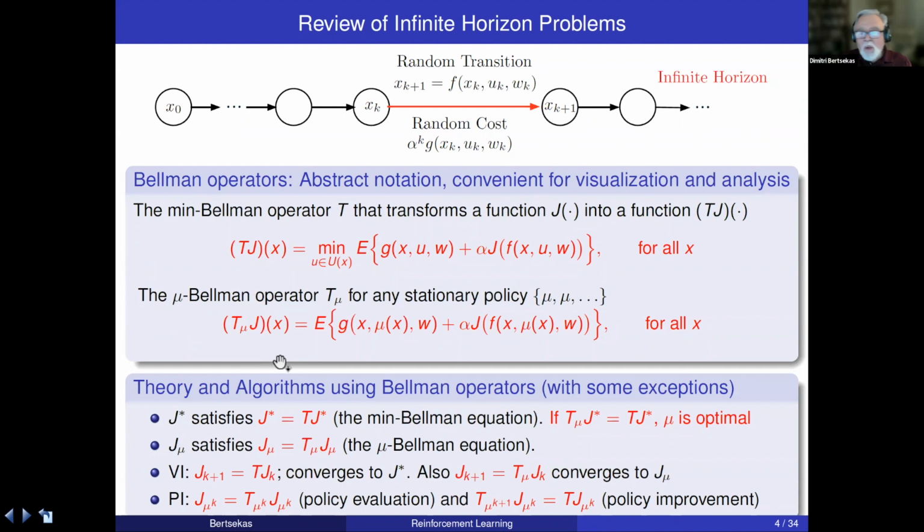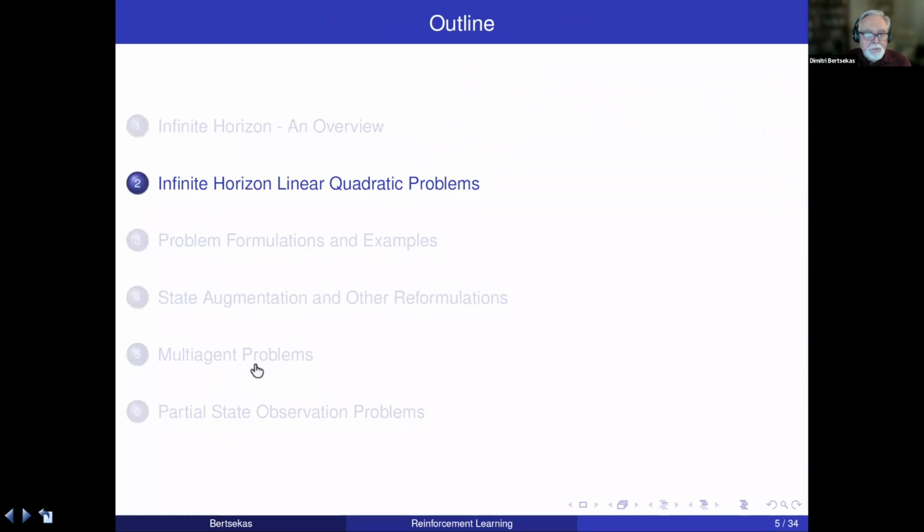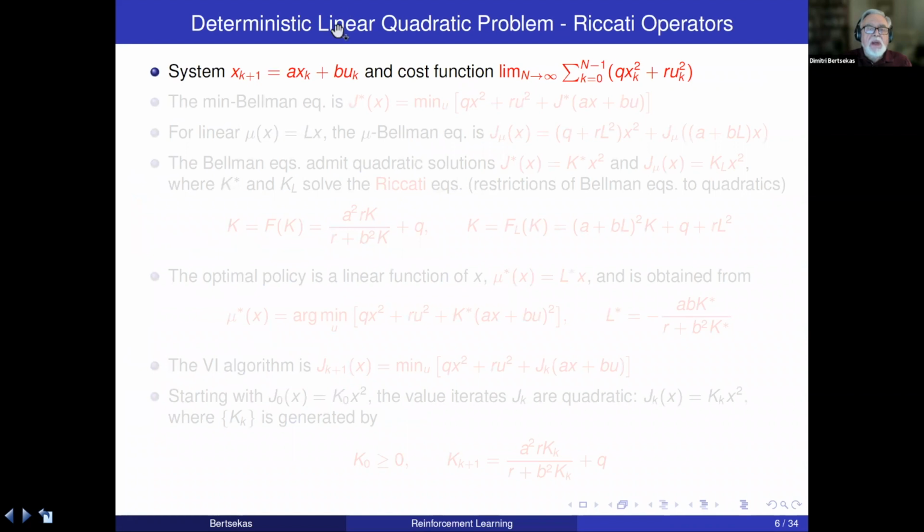And now what we're going to do is specialize these operators to the linear quadratic problem. So here we have a one-dimensional linear system. There's no disturbance. A and B are known scalars.